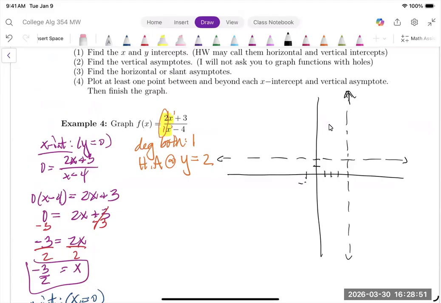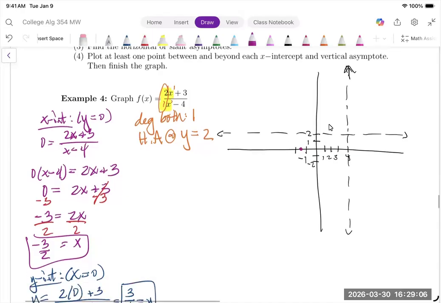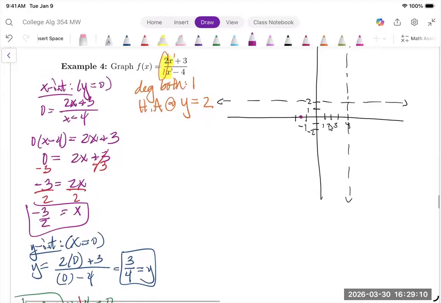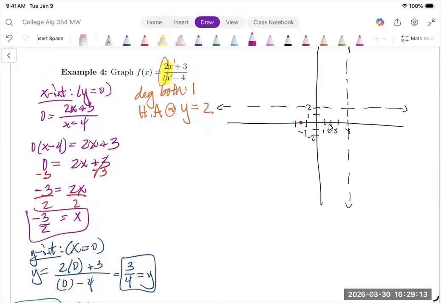So x equaling negative 3/2, that's negative 1.5. So I'll just plop that right there. A y-intercept of negative 3/4, so that's negative 0.75.